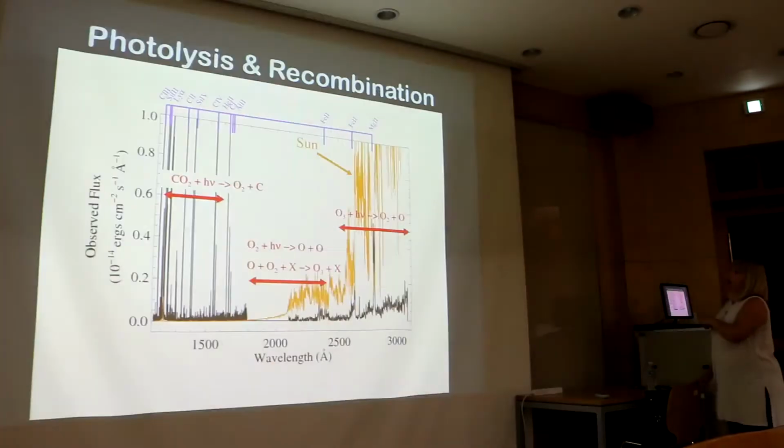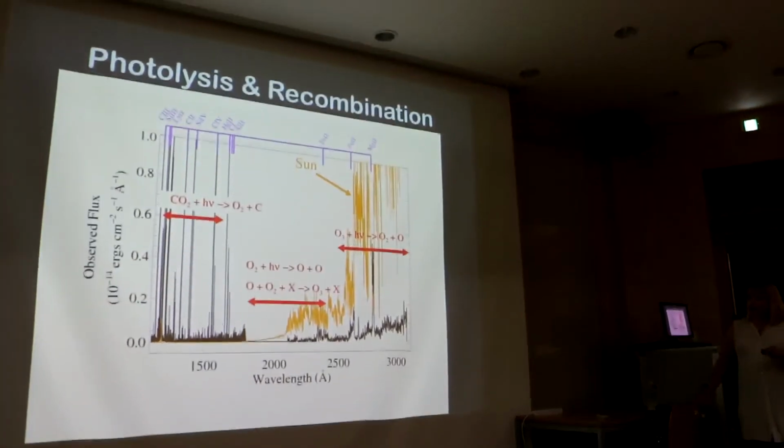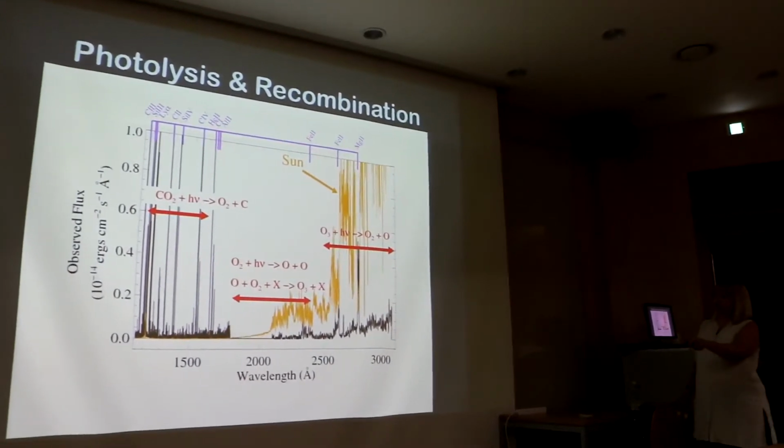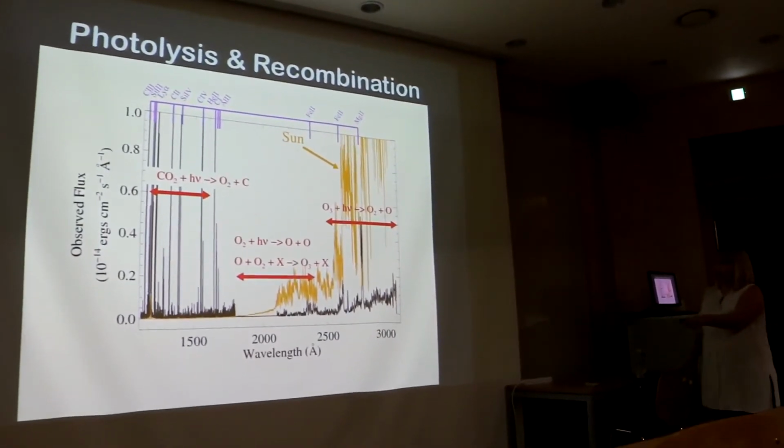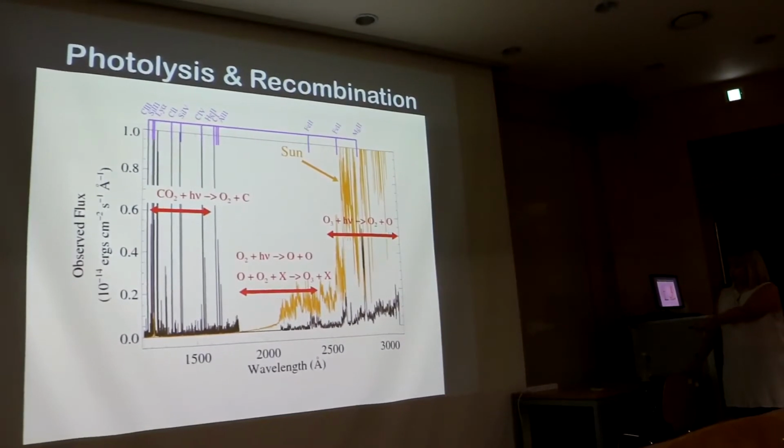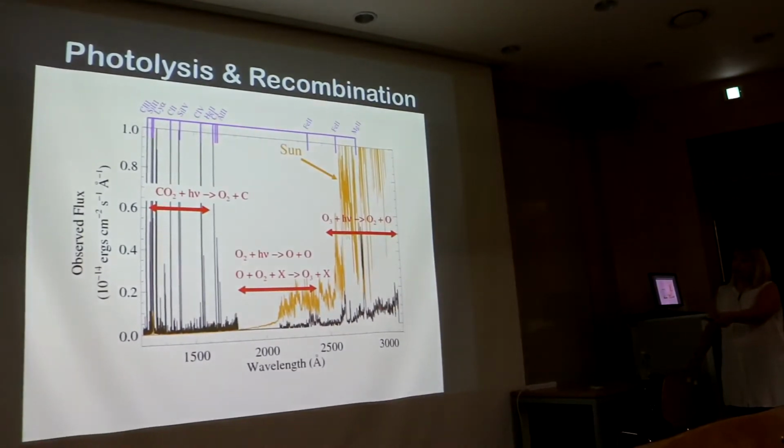So what happens is, you take a cool star, it's not showing up. Yeah. You can start with CO2, and you put some high energy photons in, and you end up with O2 plus carbon. Now if you have the sun, you have a lot of NUV flux.